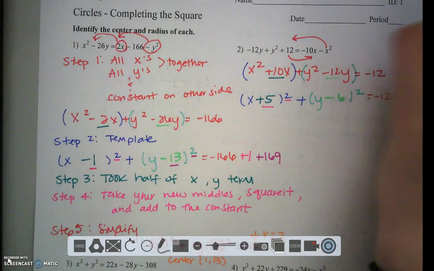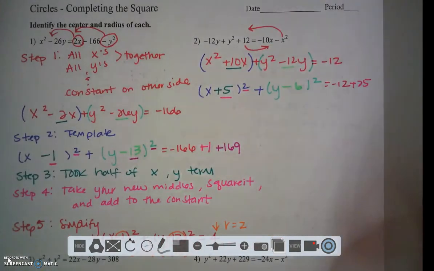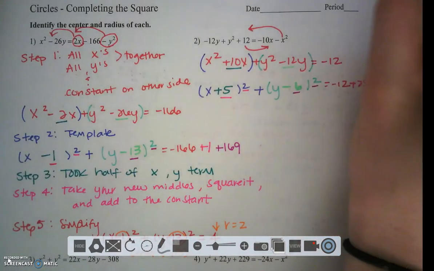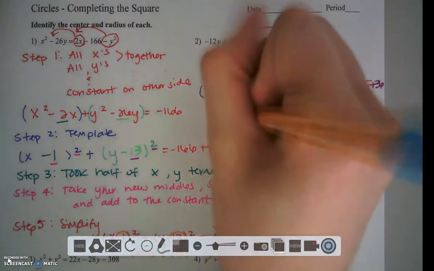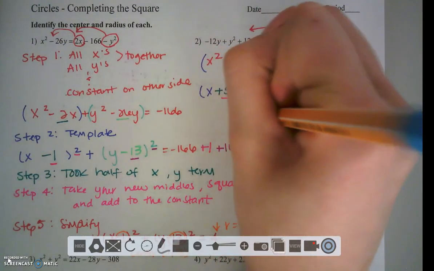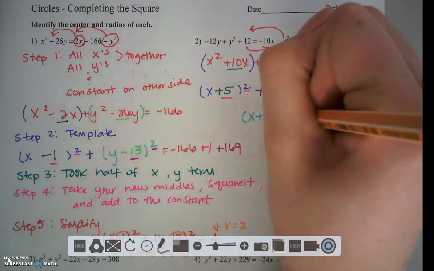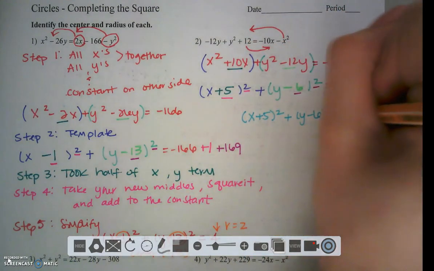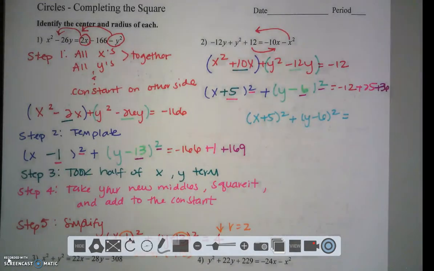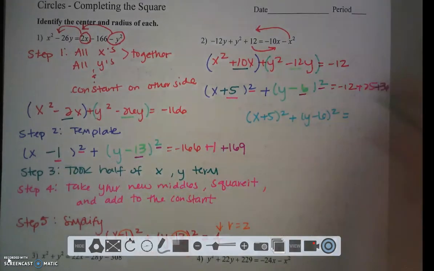So this is plus 25 plus 36, and we'll clean this up. So x plus 5 squared plus y minus 6 squared equals negative 12 plus 49.